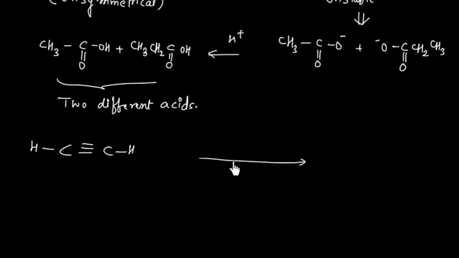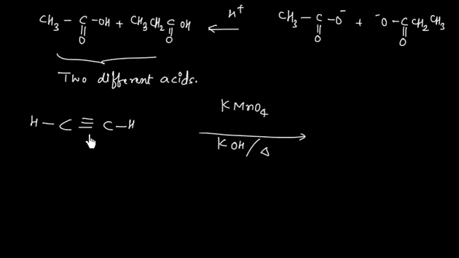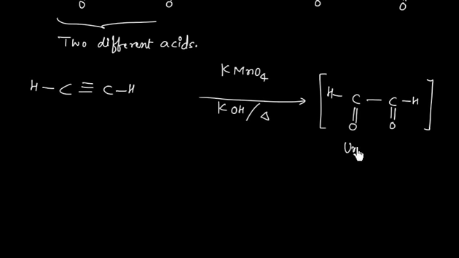If this is treated with, let us say, KMnO4, basic medium, and heat is also given, initially it will form this product that is unstable, and it will undergo oxidative cleavage.